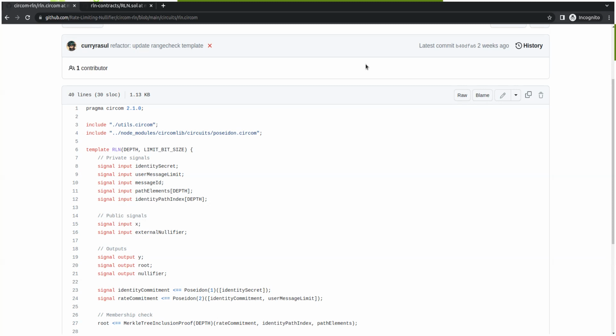And for other tools, someone asked if we are using any others. I'm actually not using any other tool. I'm also using the Circom language server protocol, which recompiles and gives errors in VS Code.